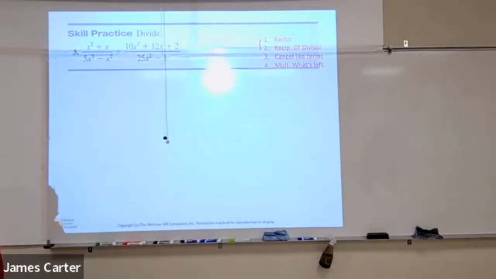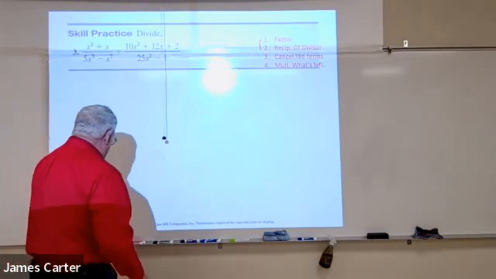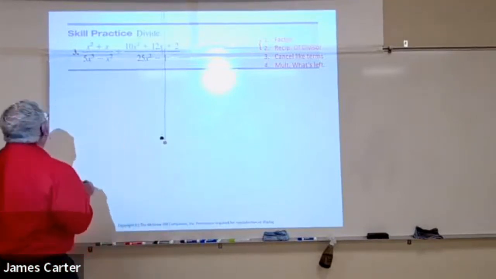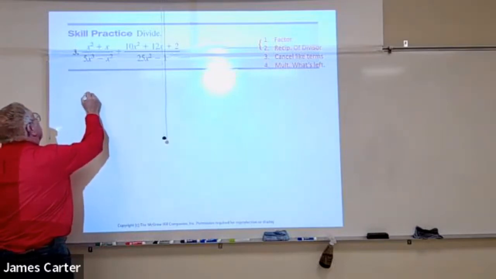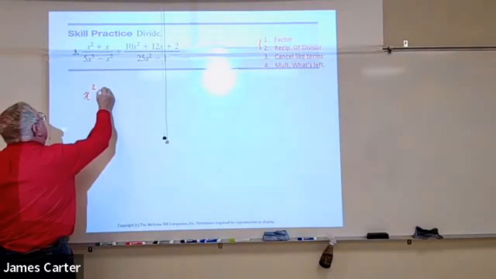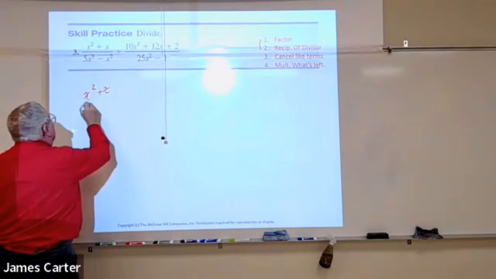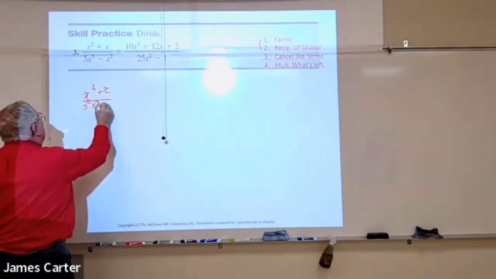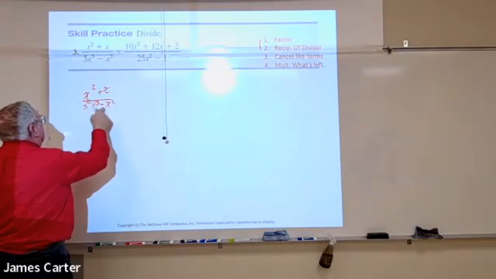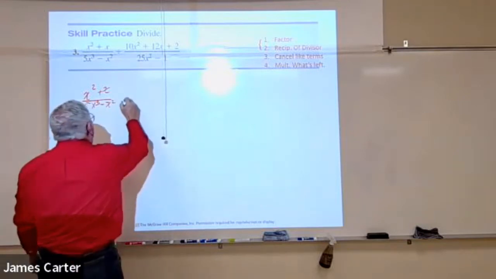Well, this one I get to work up here. Let's go ahead and flip it first. x squared plus x over 5x cubed minus x squared. Uh-oh, I got a negative x in there.